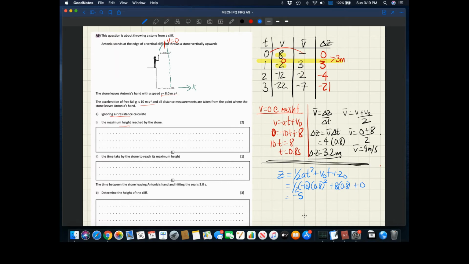So that gives us -5 times 3.24 plus 6.4. I made a mistake here. That is 1/2 times -10 times 0.8 squared, which is -5 times 0.64, which is -3.24 plus 6.4.